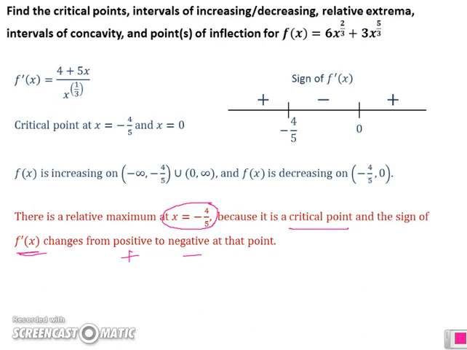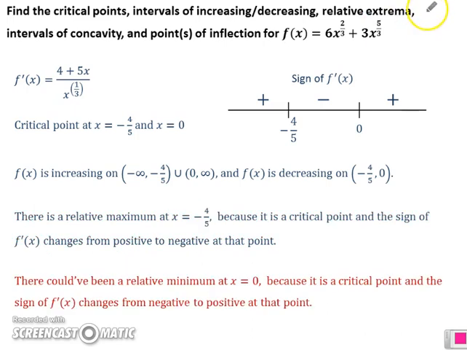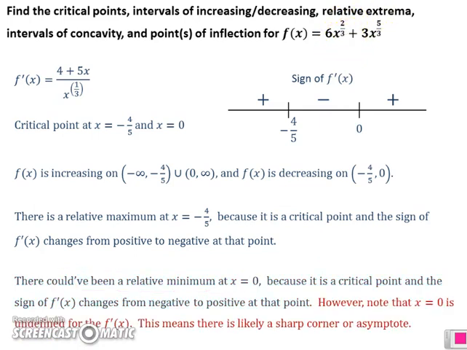And then, this is tricky now, at x equals 0, there could have been a relative minimum because it is a critical point, but because it was undefined, it's really not a relative extrema. It's actually most likely a sharp corner or an asymptote.